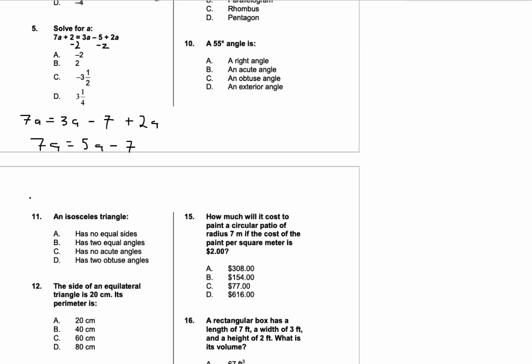So what we could do is subtract this 5a from the right side, and this should simplify to 2a is equal to negative 7.